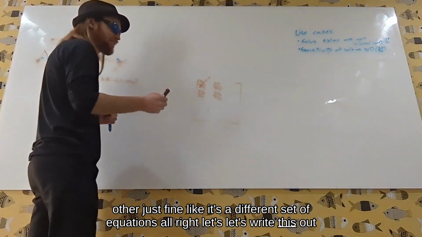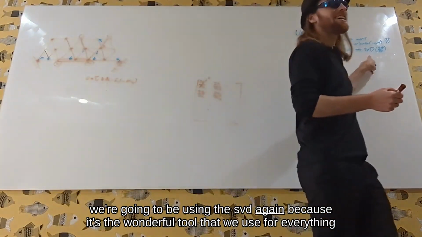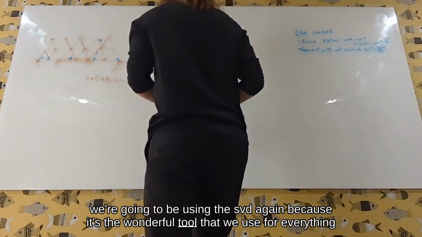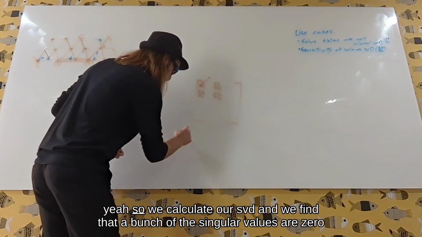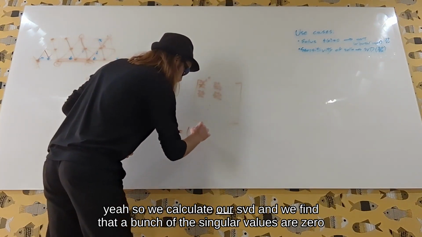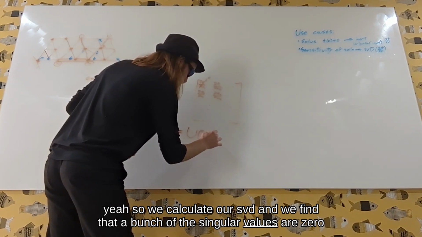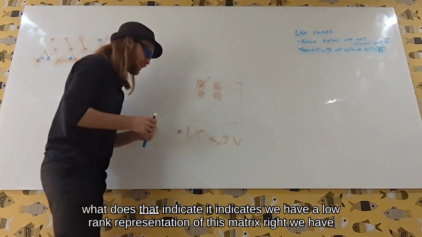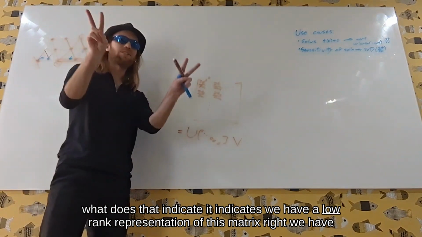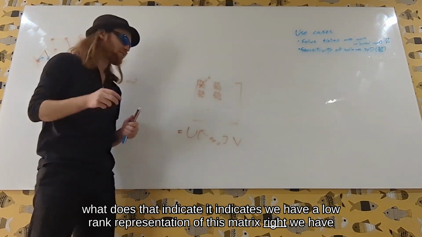All right, let's write this out. We're going to be using the SVD again because it's the wonderful tool that we use for everything. So we calculate our SVD, and we find that a bunch of the singular values are 0. What does that indicate? It indicates we have a low rank representation of this matrix, right?